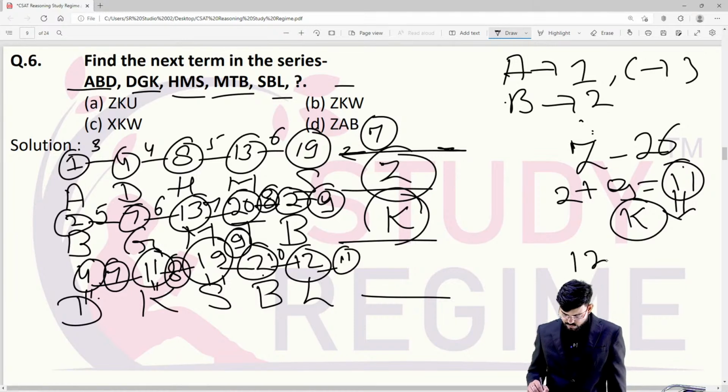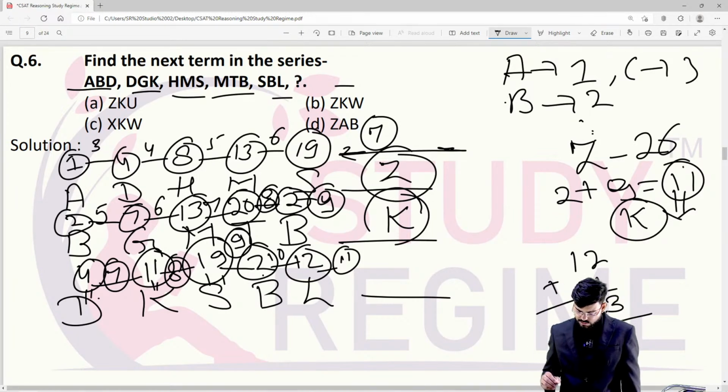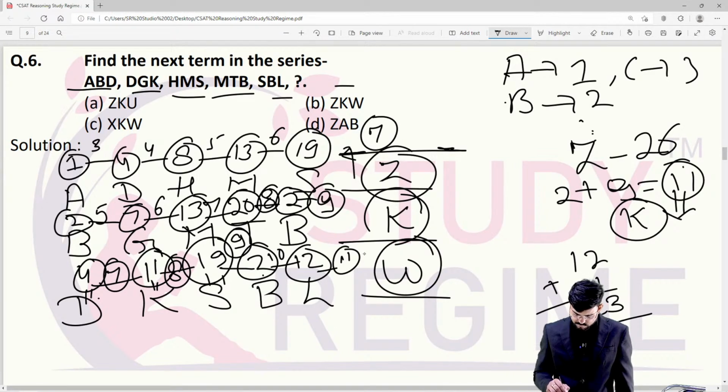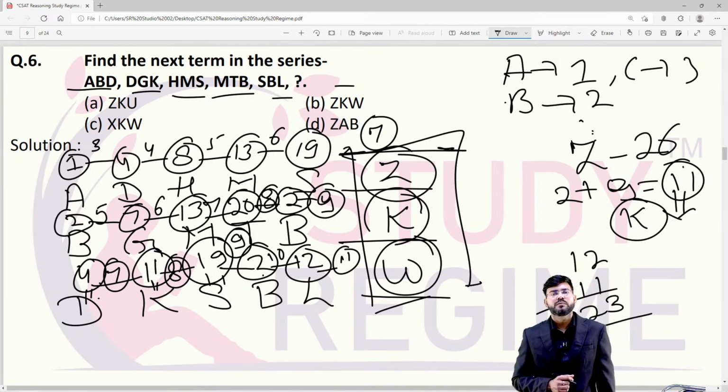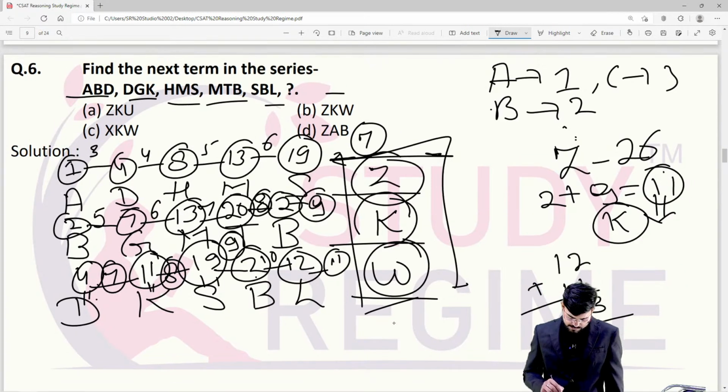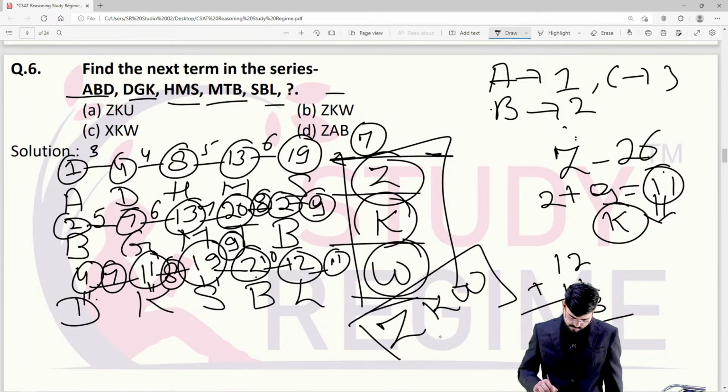So 12 plus 11, it will become 23, and 23 is W. Z K W. There I got the answer. This is the answer. To complete the series, the next word is Z K W.